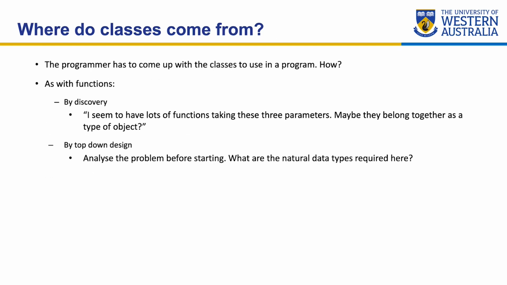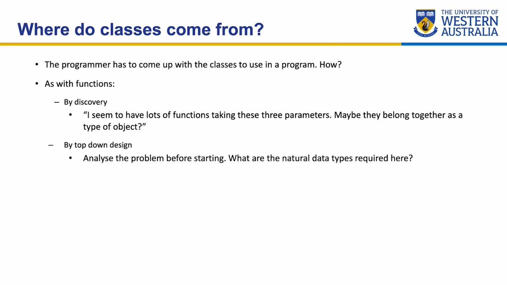So how do you even come up with classes? Well, the programmer has to come up with the classes to use in the program, and there are a few different ways, right? As with functions, we can discover them, right? I seem to have lots of functions taking these three parameters. Maybe they belong together as a type of object, right? So we can discover them, or by top-down design, right?